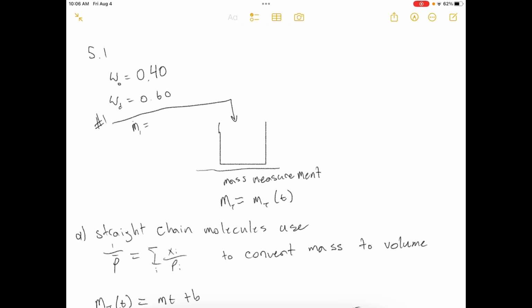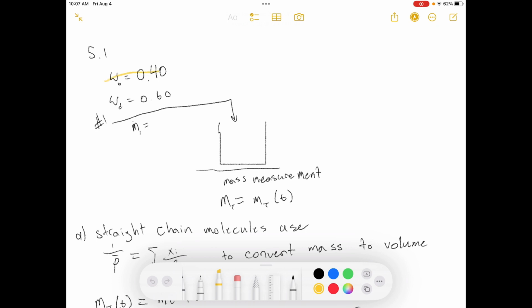The mass in kilograms indicated by the scale is plotted against time. The data fall on a straight line that passes through the points t equals 3 minutes, m equals 150 kilograms, and t equals 10 minutes, m equals 250 kilograms. Part A, estimate the volumetric flow rate of the liquid mixture.